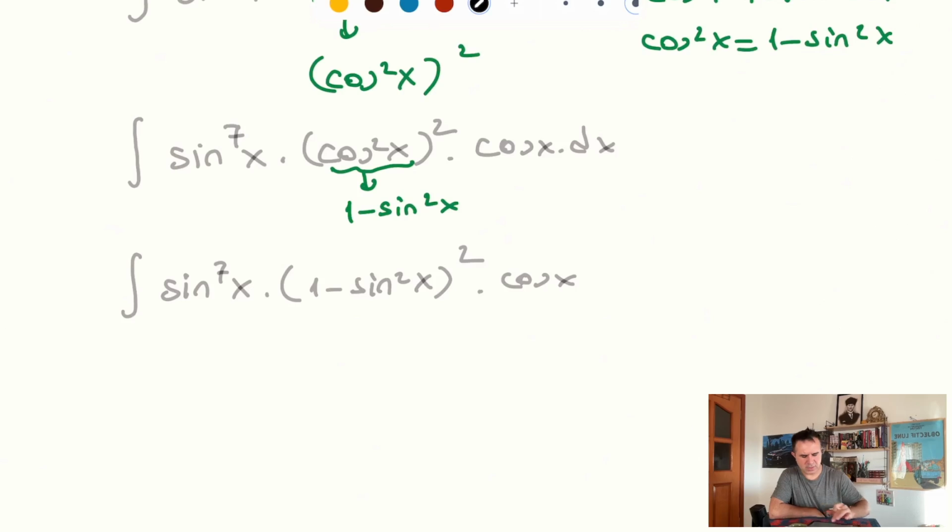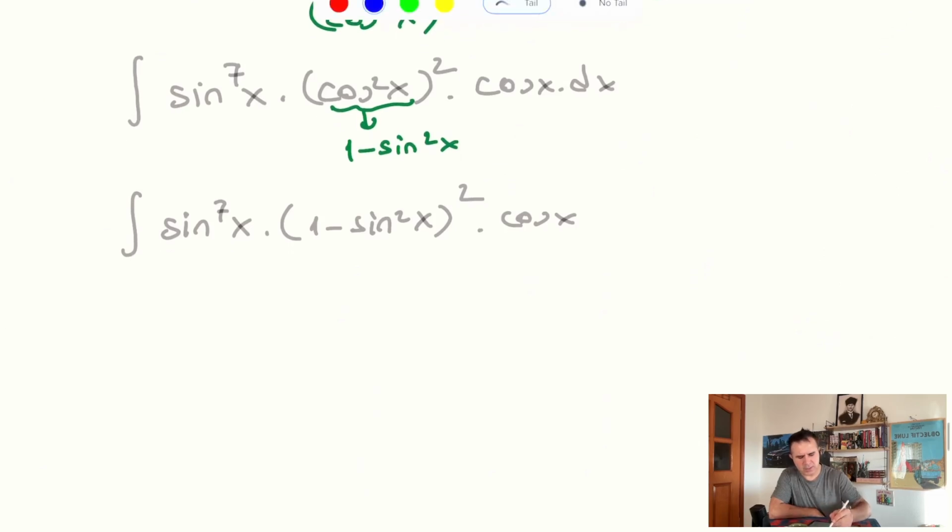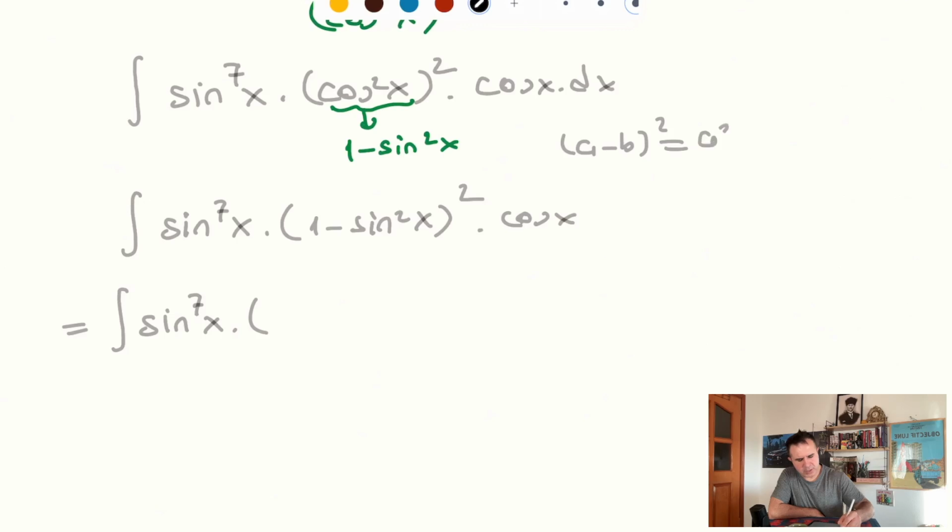We just need to take the square of this. The integral is sine to the power of 7x times, and we know that a minus b squared is equal to a squared minus 2 times a times b plus b squared.